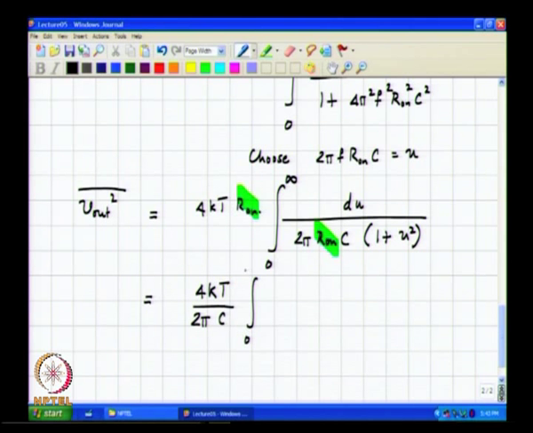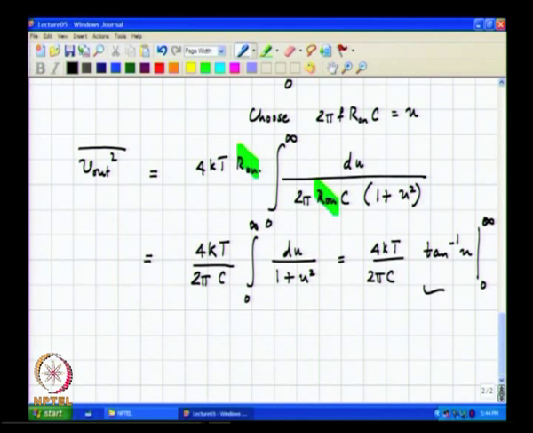This is the integral from 0 to infinity of du by 1 plus u square, which is 4kT by 2 pi C, tan inverse u evaluated from 0 to infinity. What is this? Pi by 2. So, the grand result is that V out square is kT by C.